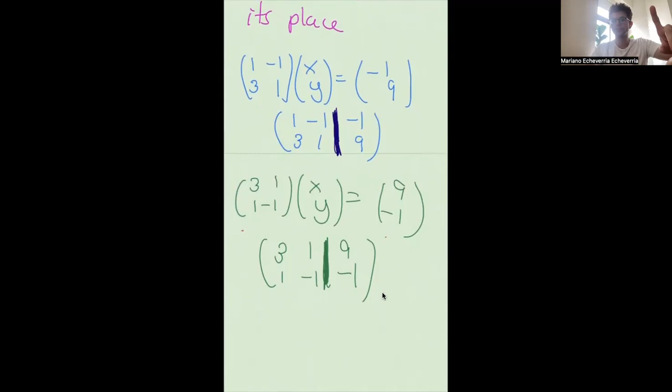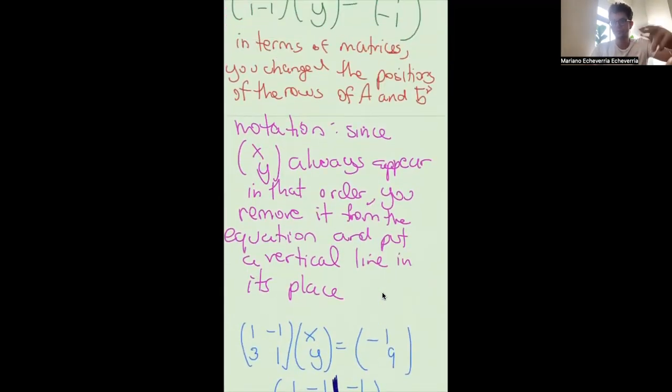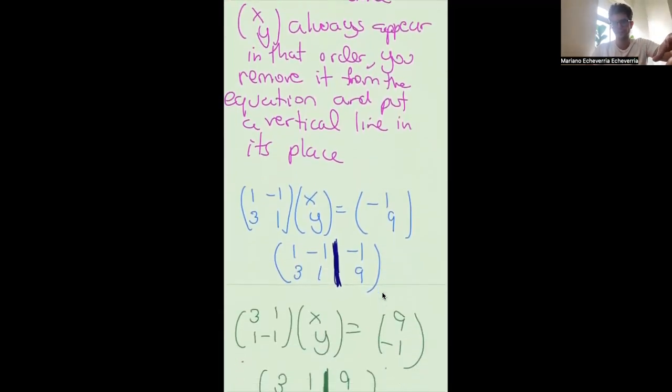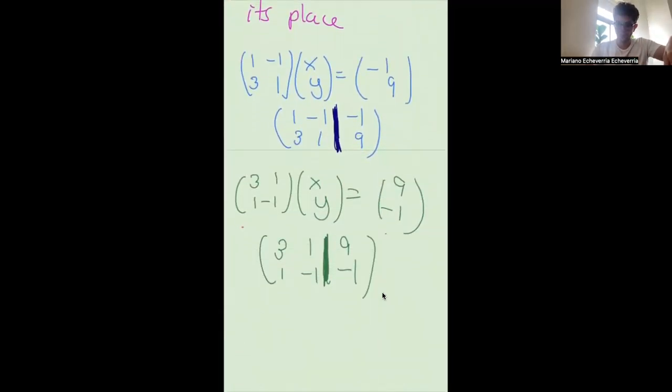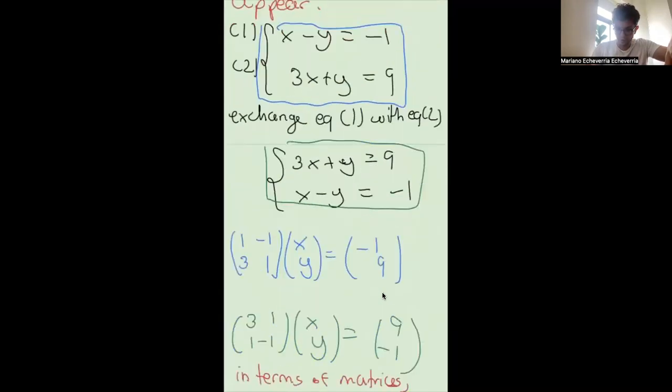So the first operation is just changing the rows, or changing the order of the equations. Okay, so that was operation 1. Operation 2, okay, let's go to operation 2.